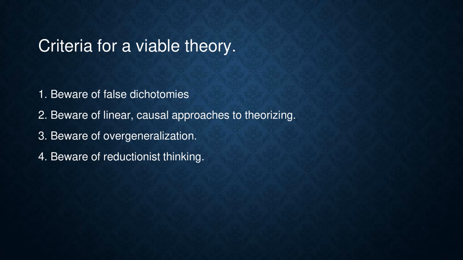It is necessary to be aware of the linear and causal approaches, because second language acquisition is so complex, with many interacting factors, that to state that there is a single cause for a second language acquisition effect is to go too far. Be aware of overgeneralization. Pay attention to details. Many factors in learning a second language can result in importance. And be aware of reductionist thinking.